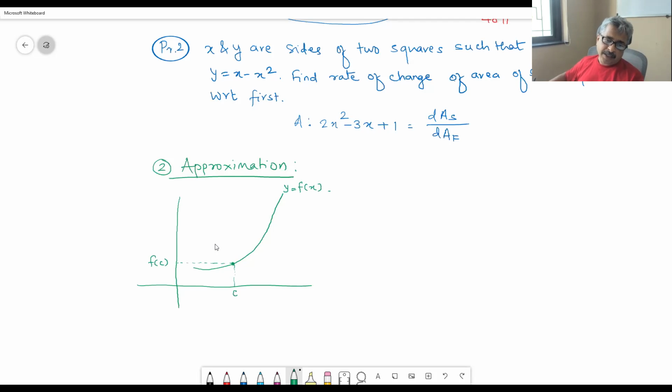And as I said, if you are going in the neighborhood of C, delta neighborhood of C, it is difficult to deal with this function because it is very, very complicated, and therefore we are interested in approximating this function.